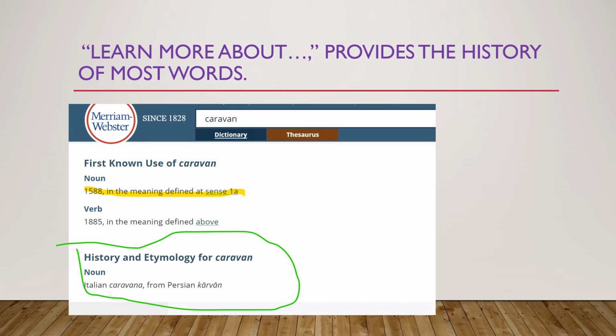For example, when you investigate the origins of caravan, you learn about the first known use of caravan as a noun, which was in 1588, and its definition was the same one as the definition 1A for caravan in slide 10. The definition of caravan is a company of travelers on a journey through a desert or hostile regions, also a train of pack animals.